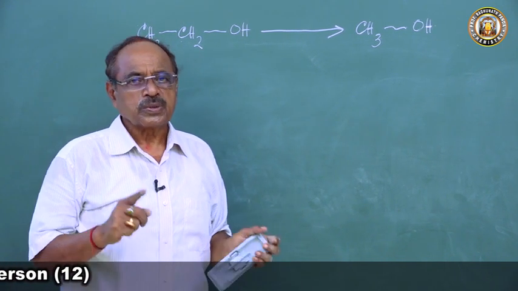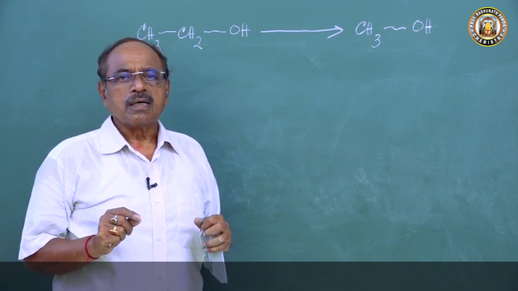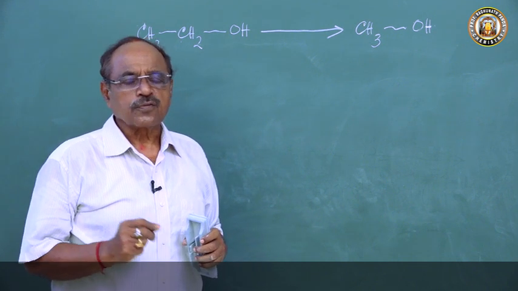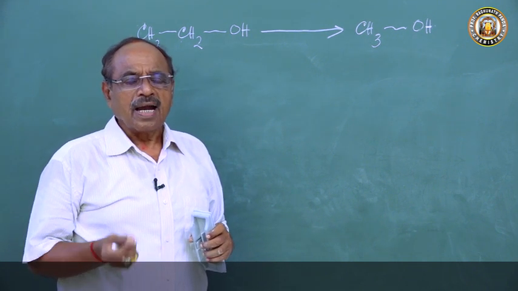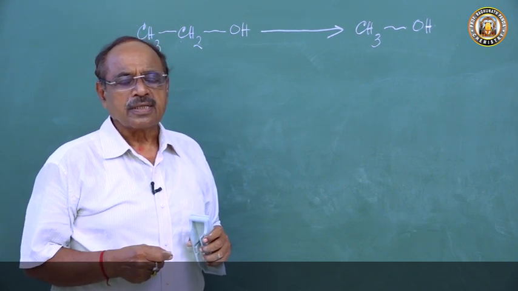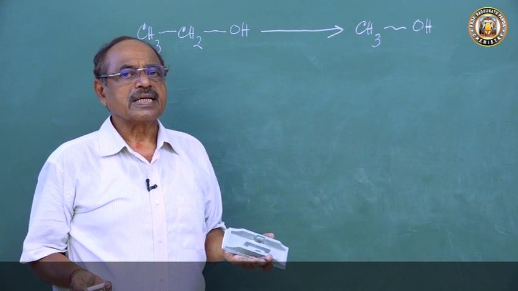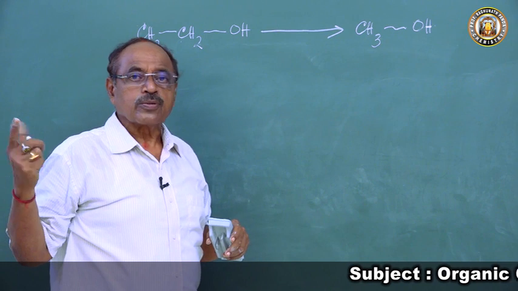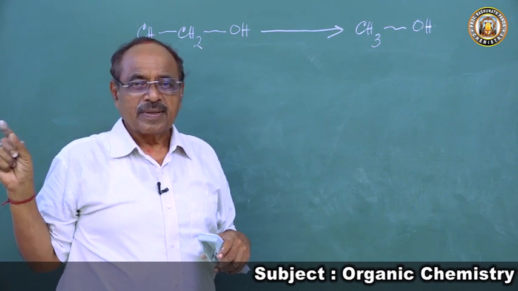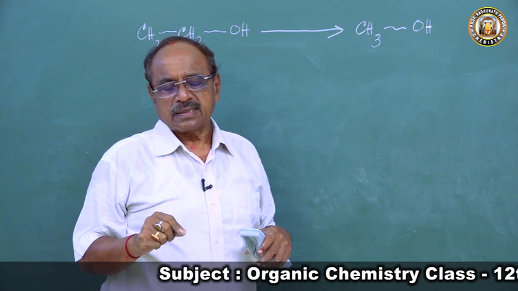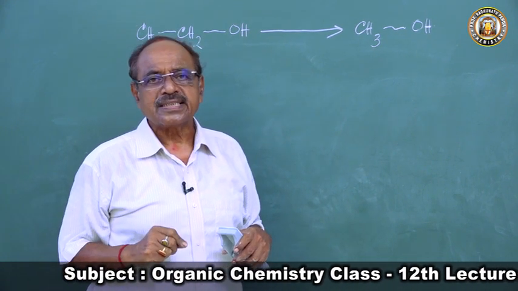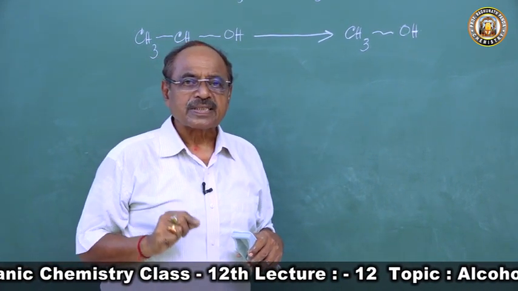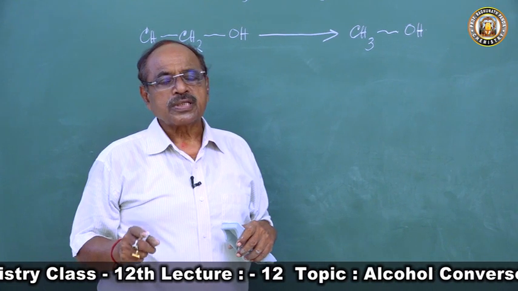We know that a primary alcohol when treated with alkaline KMnO4 undergoes oxidation to form an aldehyde. The aldehyde on prolonged oxidation gets oxidized to form a carboxylic acid. Then we will remove that COOH. We have read in the alkane chapter that when the sodium salt of a carboxylic acid is heated with soda lime, it undergoes decarboxylation to produce a lower alkane.